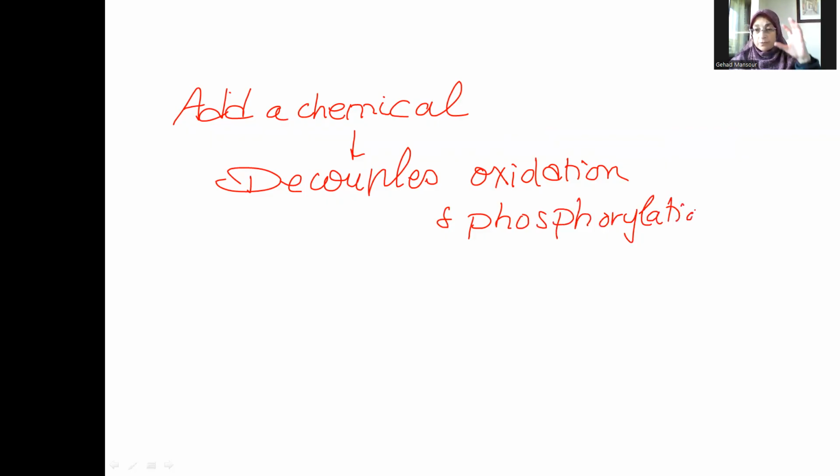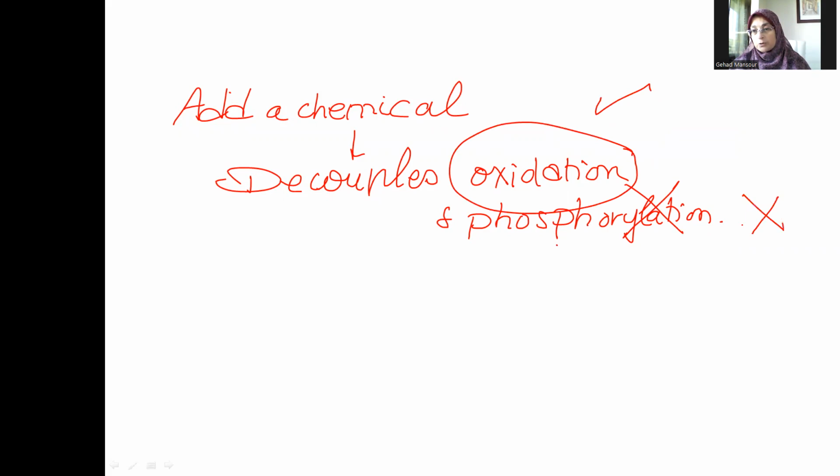If oxidation occurs and the energy is utilized for phosphorylation of ADP, then you have coupled. But if you prevent the final stage, which is phosphorylation, using a chemical that blocks ATP synthase, then you have decoupled the two. Oxidation will proceed, but phosphorylation will not.